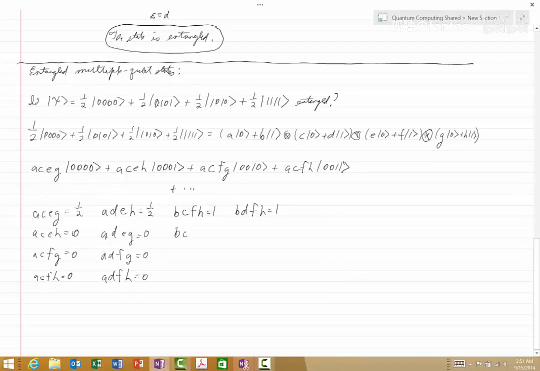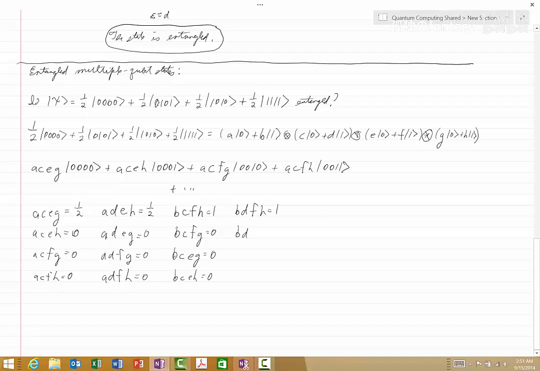BCFG equals 0. BCEG equals 0. BCEH equals 0. And the final column here would be BD.